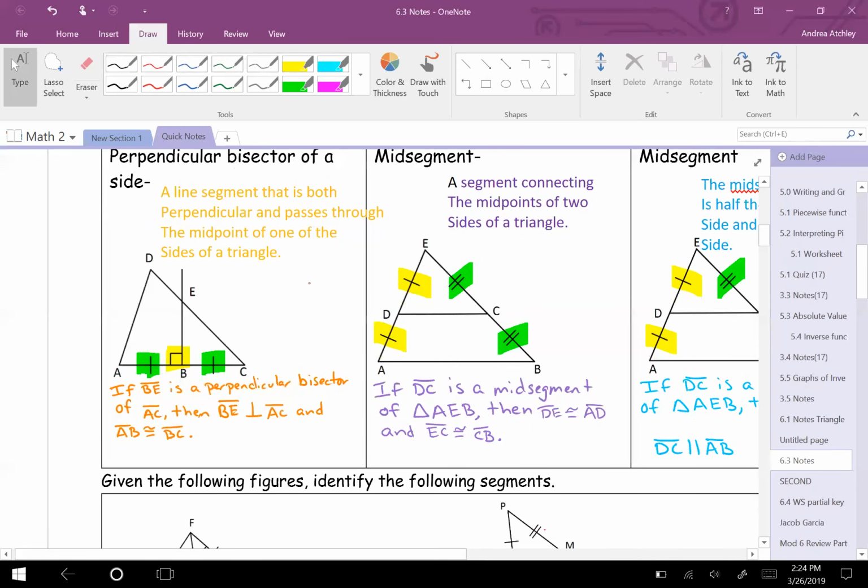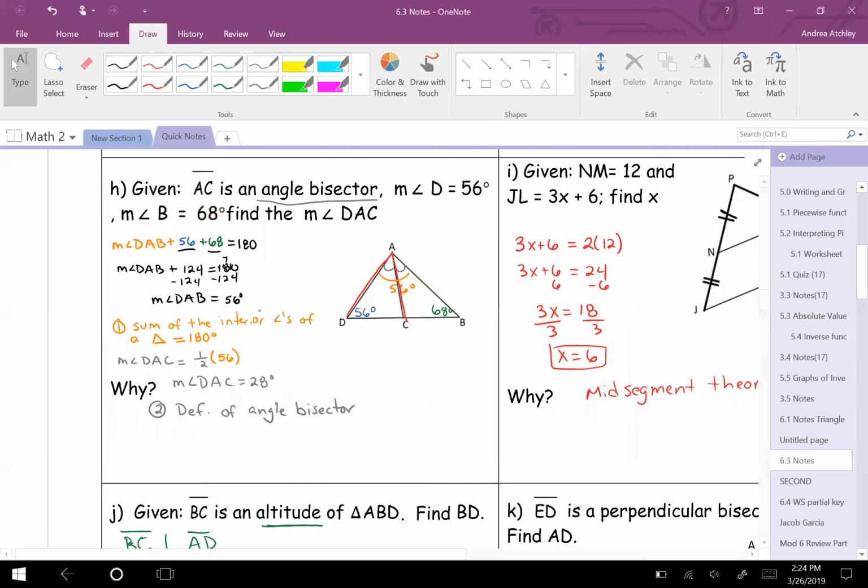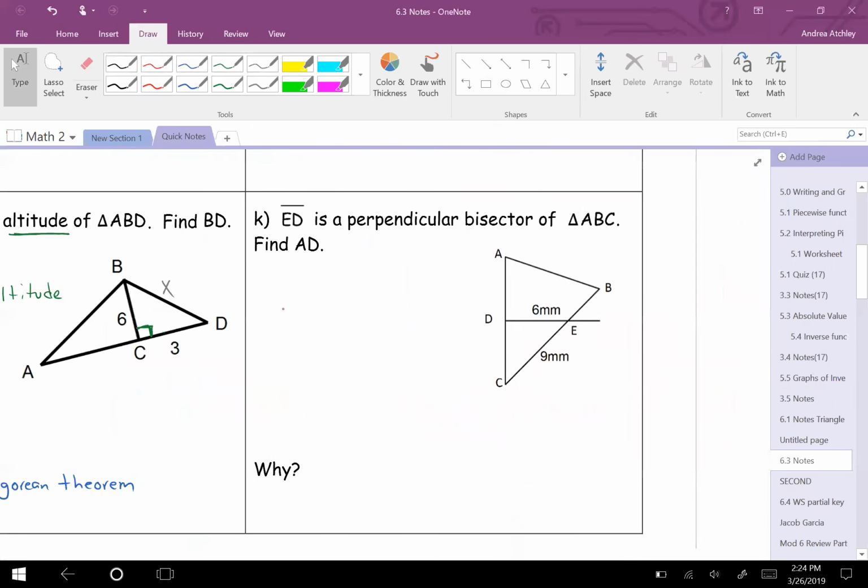It is perpendicular and it passes through the midpoint. So I have a right angle and congruent sides. So I'm going to go back down and mark that. It's a right angle, and this is congruent to this.